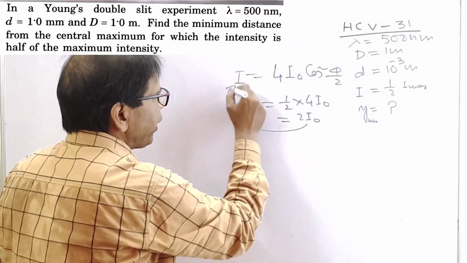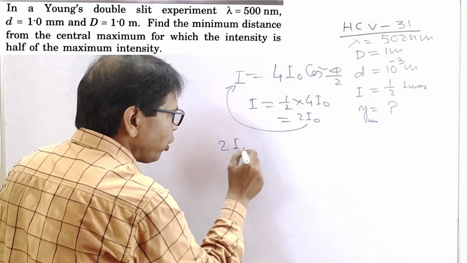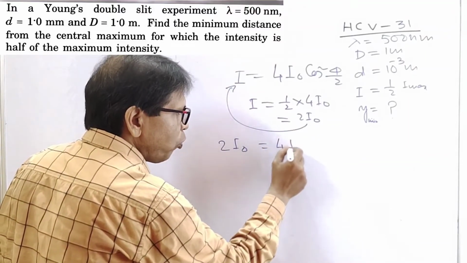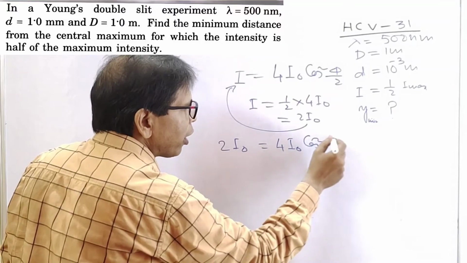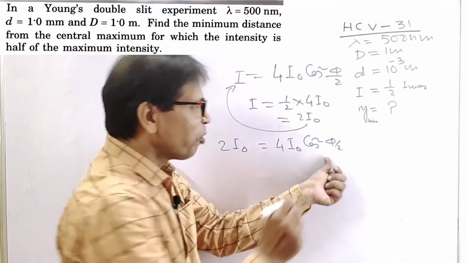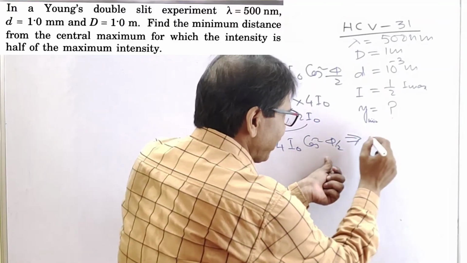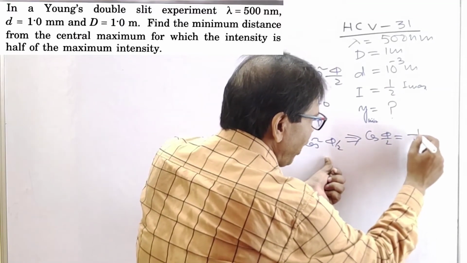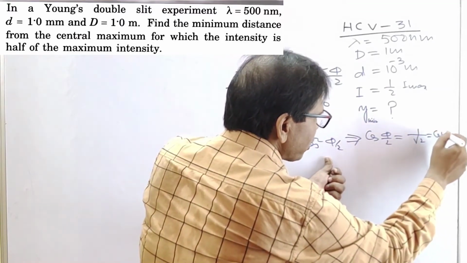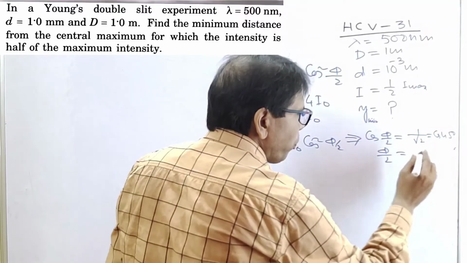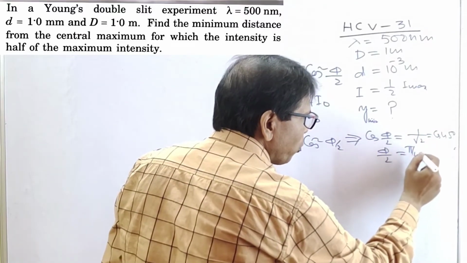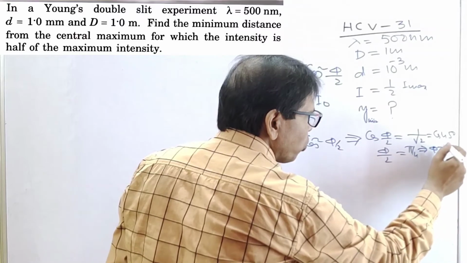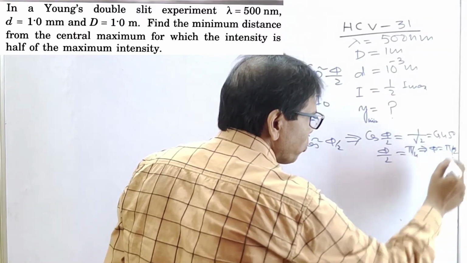So 2I naught equals 4I naught cos square phi by 2. From this condition we can write cos phi by 2 equals 1 by root 2, that is cos 45 degree. So phi by 2 equals pi by 4, therefore phi equals pi by 2.